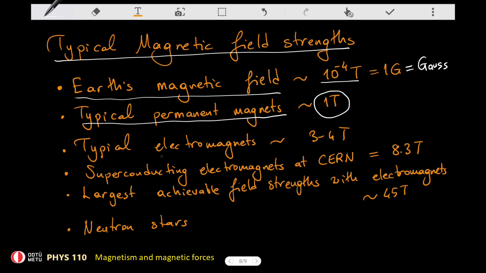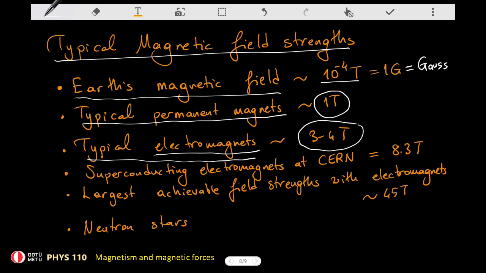And of course, if we want a stronger magnetic field, we use electromagnets. These are large coils, and we pass large currents through these coils. In that case, we can obtain larger magnetic fields. Typically, you will get like 3 to 4 Tesla with these electromagnets.